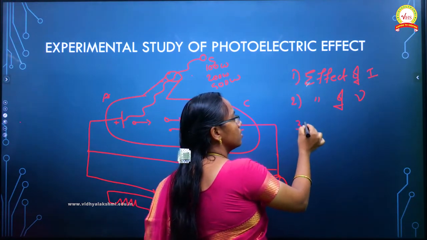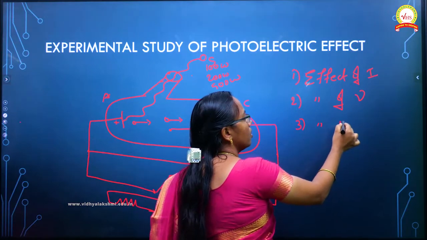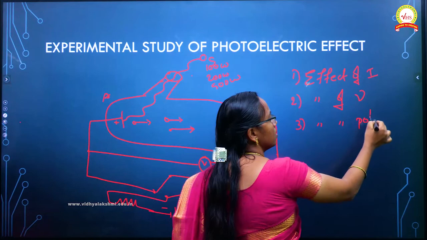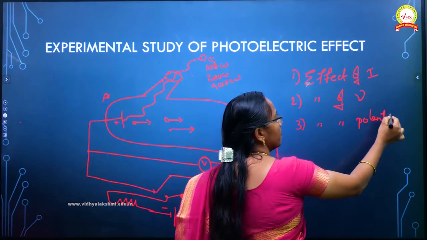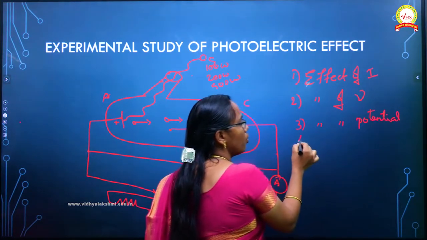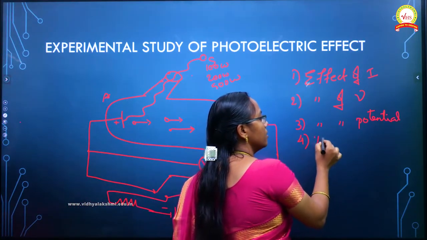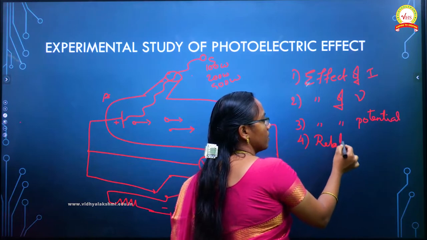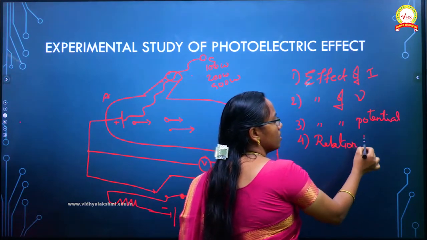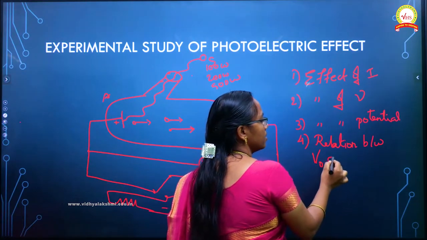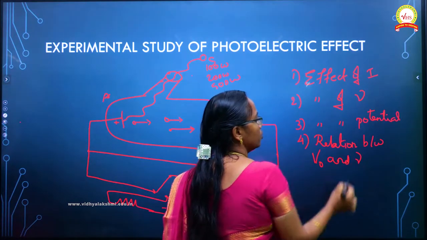The third one is the effect of potential. And finally the fourth graph will be telling us the relation between potential V0 and frequency nu.